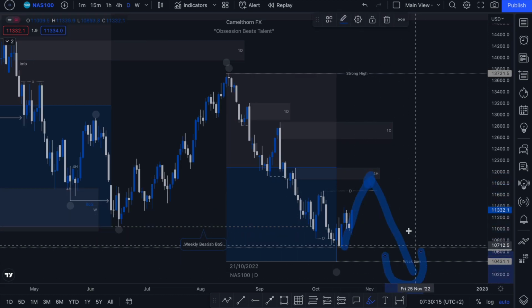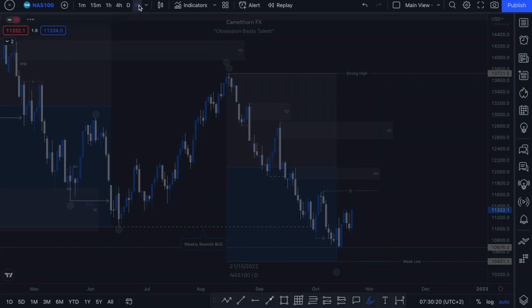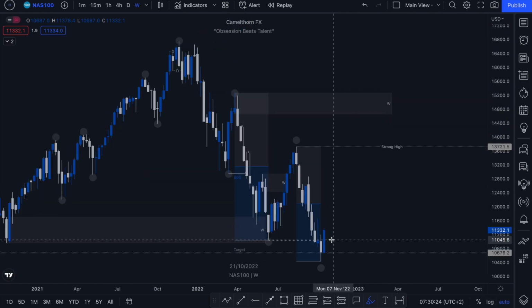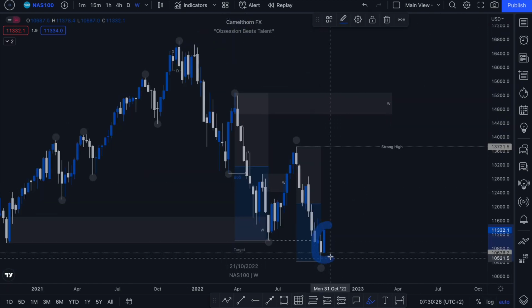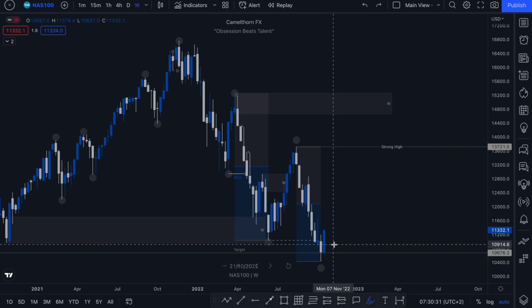The only reason I wouldn't necessarily put too much weight on that particular scenario playing out, that bearish continuation from this 4-hour zone, is purely because of this high volume bullish engulfing weekly candle in here, all right? This looks like a lot of volume that has stepped into the market.